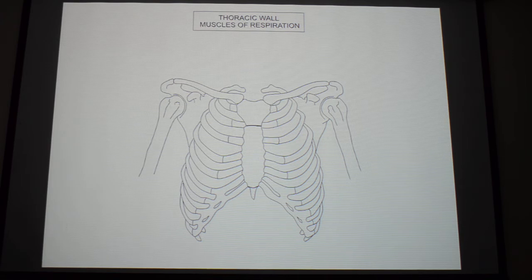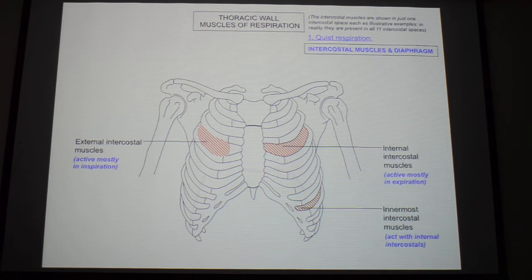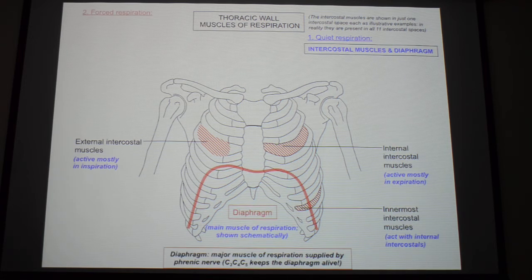So now let's take both the muscles used for quiet breathing and the muscles used for forceful breathing. We did the external intercostals up to the diaphragm. Now, the accessory muscles of respiratory movement used for forced respiration: number 1 on the list, splenius, then scalenus anterior and medius.